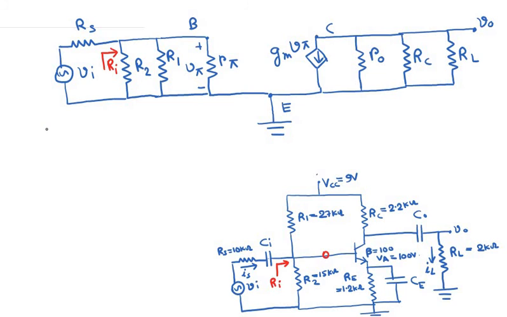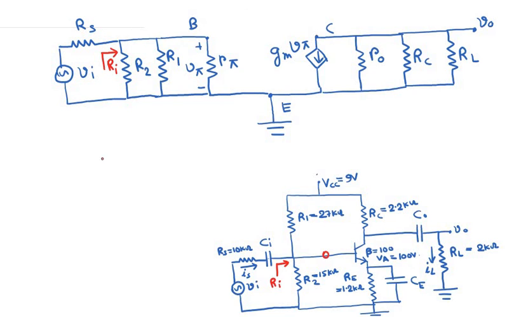Now, what is the value of Ri? Ri is the resistance seen when one looks into the input port of the amplifier. As I stated, this Vi in series with the source resistance Rs constitutes the non-ideal voltage source, and Rs is not a part of the amplifier.